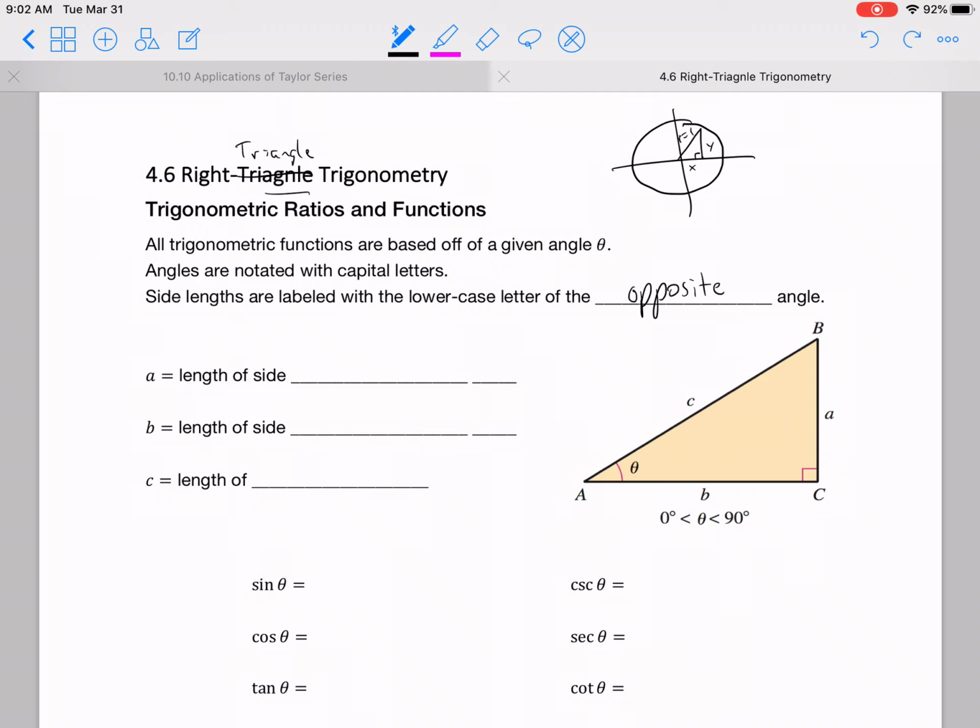Okay? And so when we get here, we have A is the length of the side opposite angle theta here, we're calling it theta. It's labeled inside of here. And the length of side B is adjacent to theta.